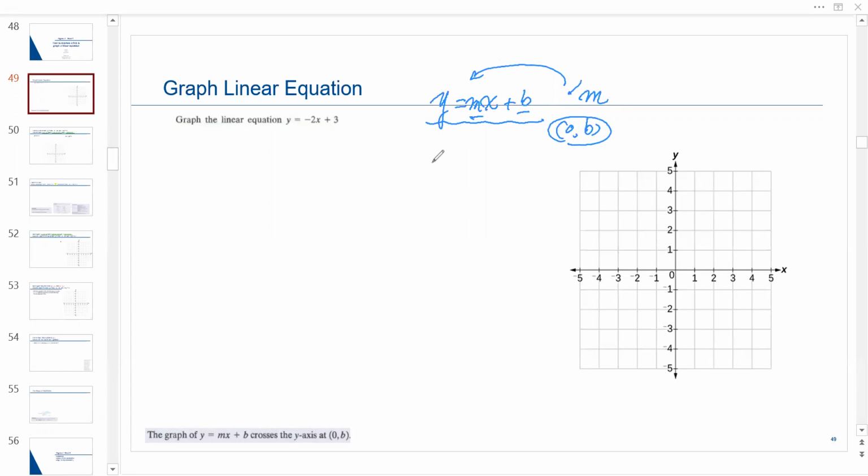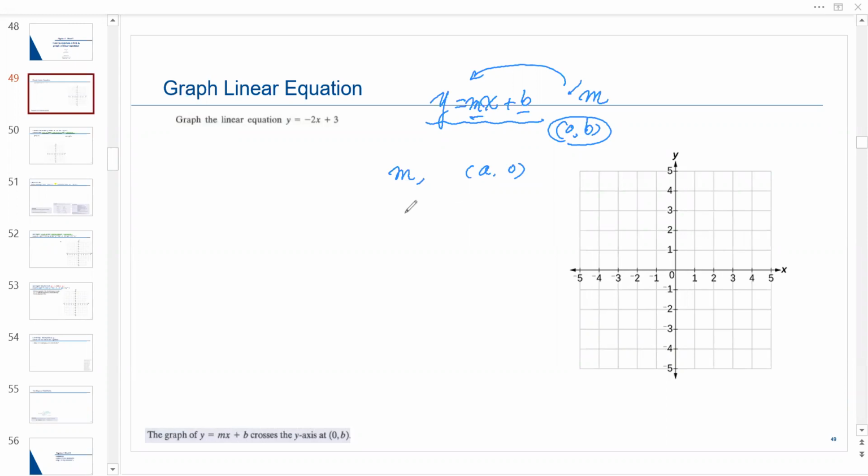And the second one: if they tell you the slope and the x-intercept, suppose the x-intercept is (a, 0), you can also find it.